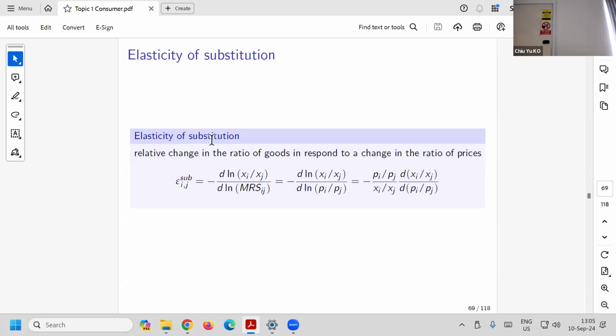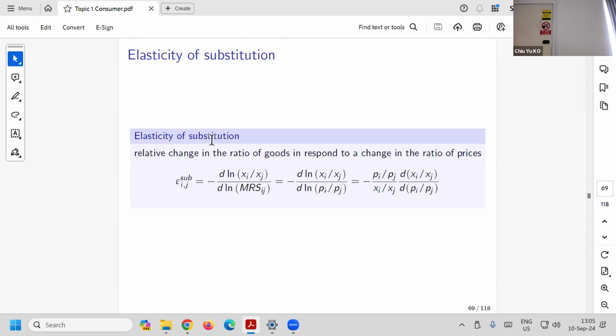So here it means that the definition is: how the ratio of your good i over good j changes in percentage terms in response to a change in the marginal rate of substitution. Okay, it is a very weird definition. That's why it's called elasticity of substitution. It is how substitution changes. If in your mind you think i suddenly becomes more important than j, okay, for 1% more.